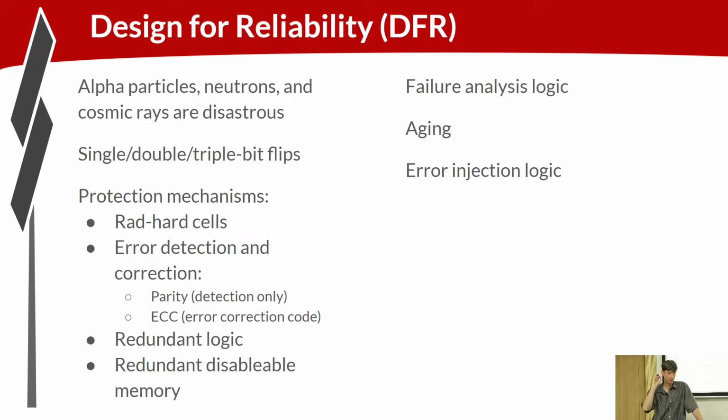These particles, neutrons, cosmic rays, don't ask me what all this means, I just know it can hit your chip and flip bits. They cause mischief. The smaller the feature sizes get, the more likely it is that one of these particle strikes flips not just 1 bit, but multiple bits. These events are frequent enough that if we did not protect against them, our silicon would not be reliable enough to ship to customers.